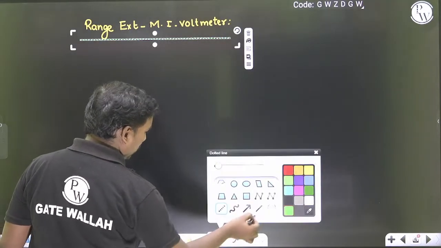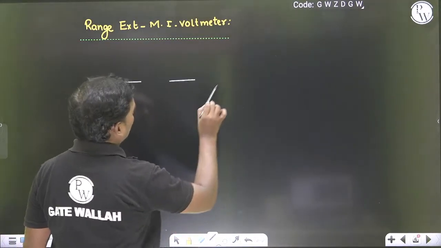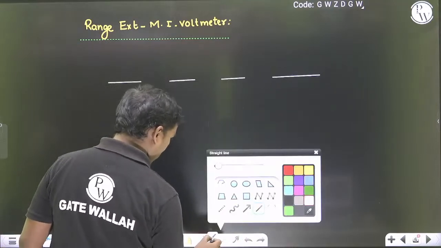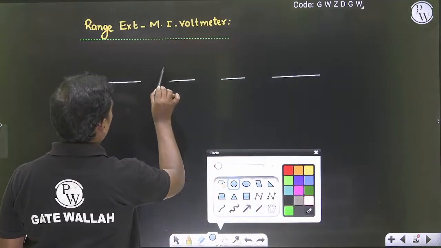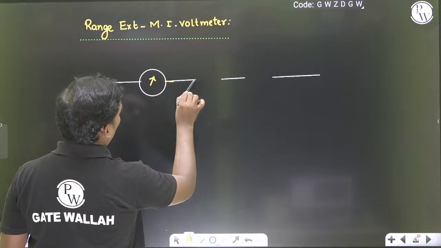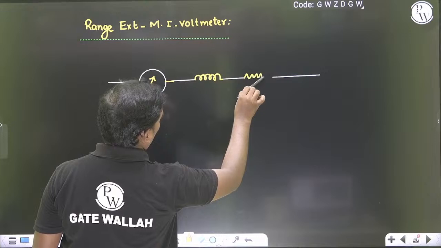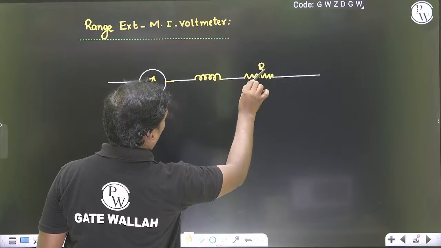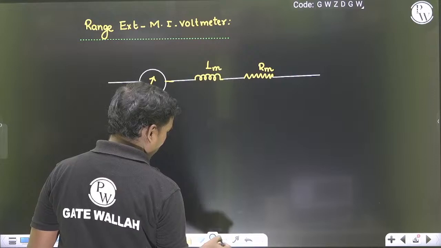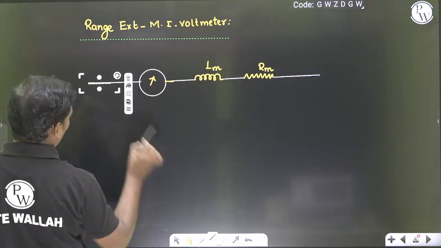So what I can use here: this is our Im, this I can take as Lm, my Rm, and in series we can keep RSC.